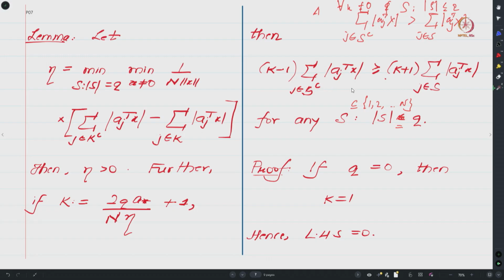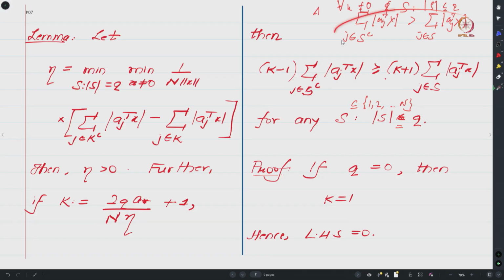Here, on the other hand, I am quantifying how big this ratio is guaranteed to be. That is, if I take this expression divided by this expression, then it is at least k plus 1 over k minus 1. And since the numerator is bigger than the denominator, that is, k plus 1 is bigger than k minus 1, one can see that this ratio, k plus 1 over k minus 1, is going to be strictly bigger than 1.